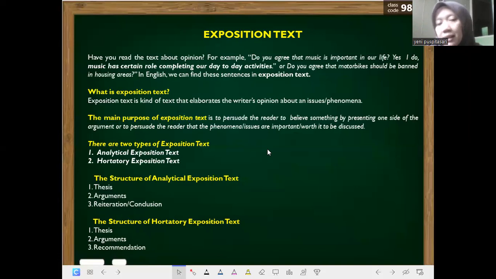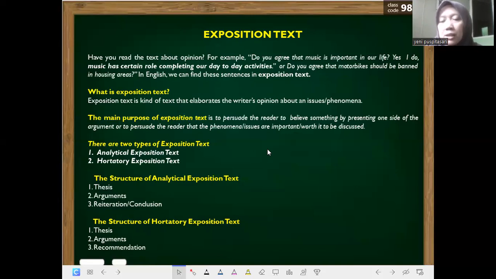Now about analytical exposition text. The structure of analytical exposition text, the first one is thesis, and then arguments, and the last one is reiteration or conclusion. And then how about the structure of hortatory exposition text? The first one is thesis, and then arguments, and the last one is recommendation.